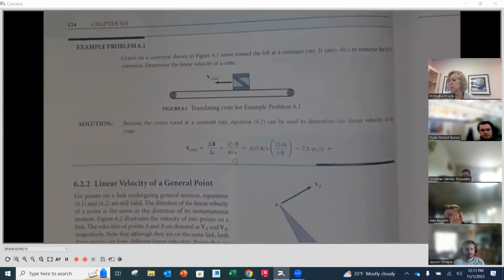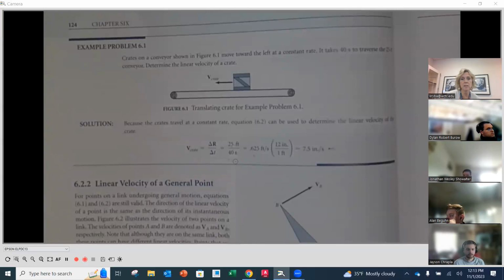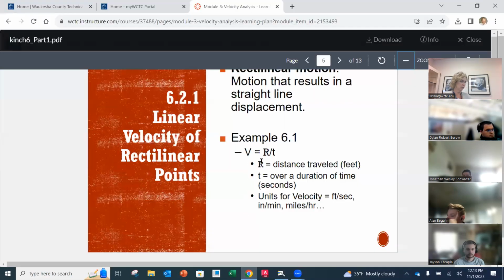So what we want to do is determine the linear velocity of that crate. What is the linear velocity of that crate? The velocity equation that we're going to be referencing is this one right here. V is the variable for velocity, R is the variable for distance, and T is the time.